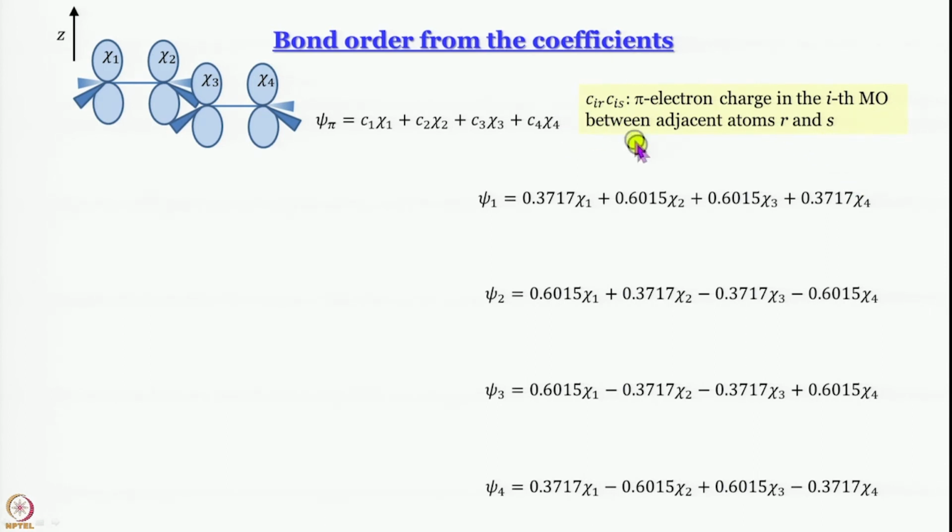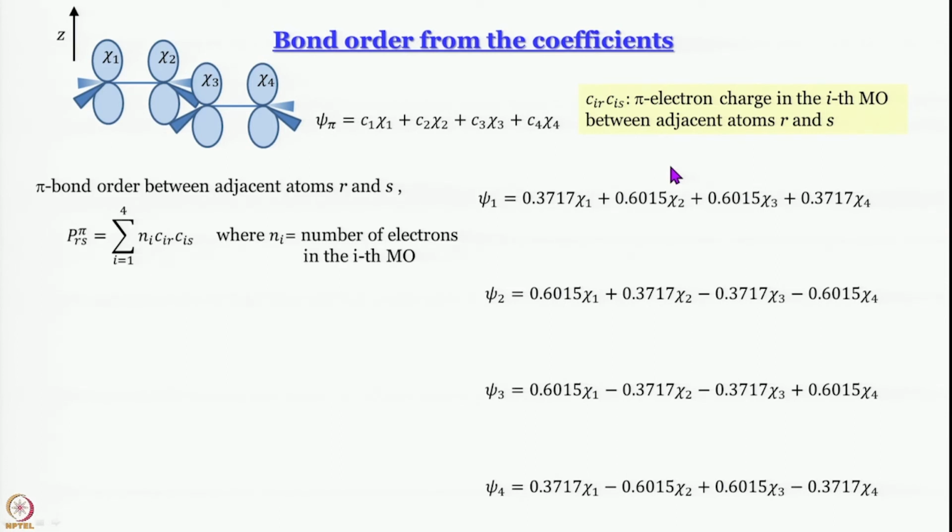When you take a product of these coefficients, that gives us the pi electron charge in the ith MO between adjacent atoms R and S. So, if you want to find out the pi bond order between adjacent atoms R and S, they are adjacent, right, 1 and 2, 2 and 3, 3 and 4, that is all. Then we will write this bond order to be P_RS pi equal to sum over i equal to 1 to 4, I am summing over all the MOs, Ni multiplied by CiR CiS, where Ni is the number of electrons in the ith MO.